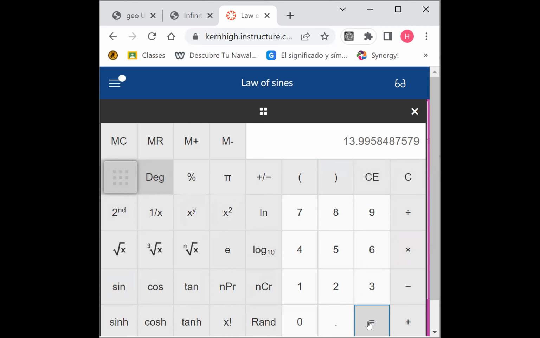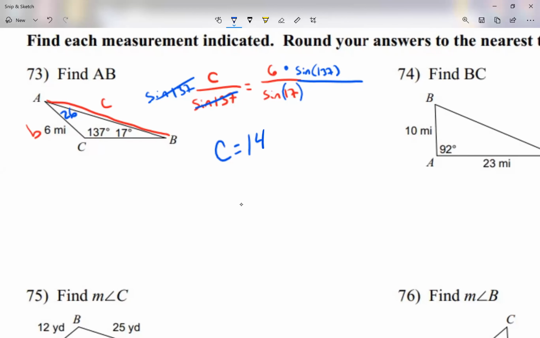Okay, my instructions said I had to round it to the nearest tenth. So the second decimal number is big enough, so it pushes the first decimal number, but this 9 is at the limit, so the 9 pushes the 3. So it ends up being 14.0, or just 14. I'm going to write the 14.0, but just 14 will be fine as well.